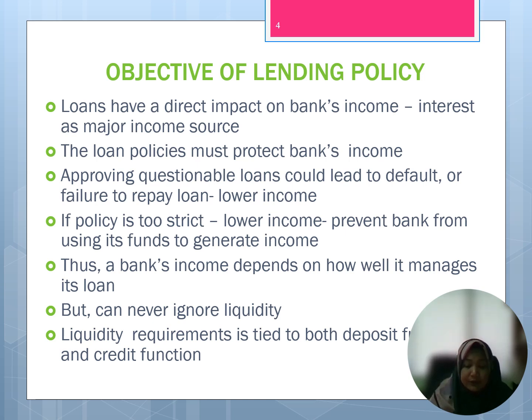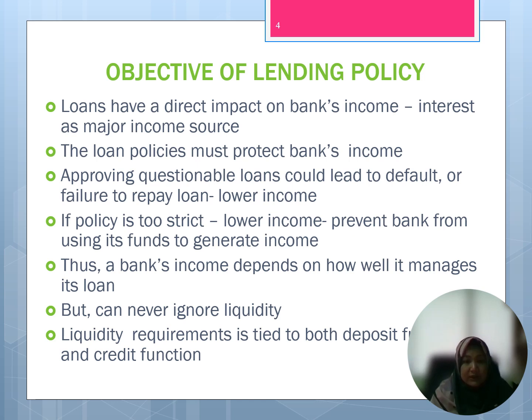When we talk about lending policy, they should ensure that bank can avoid non-performing loans. By using lending policy, bank can also answer the question of how to decide whether this loan is a bad loan or a good loan.